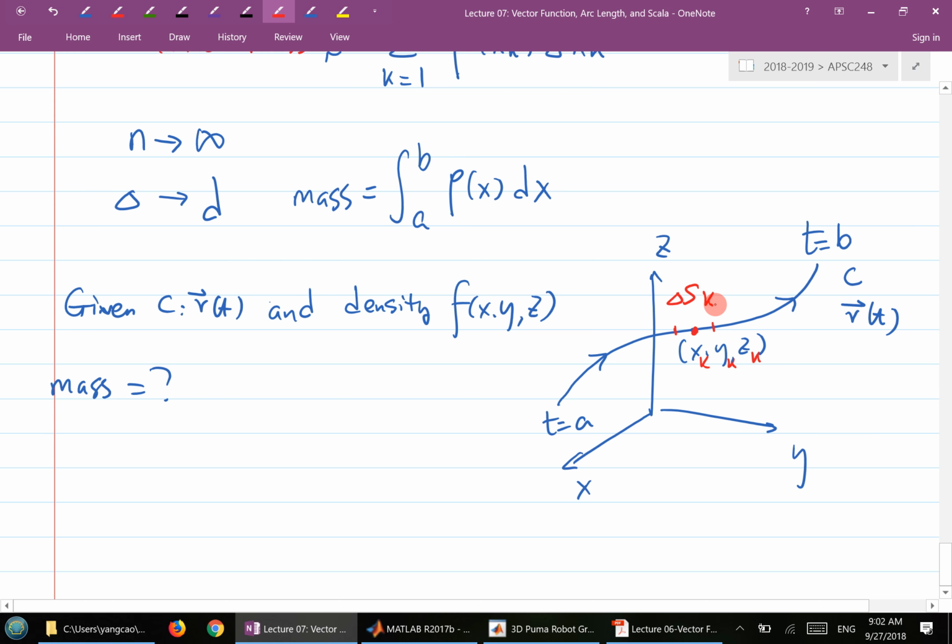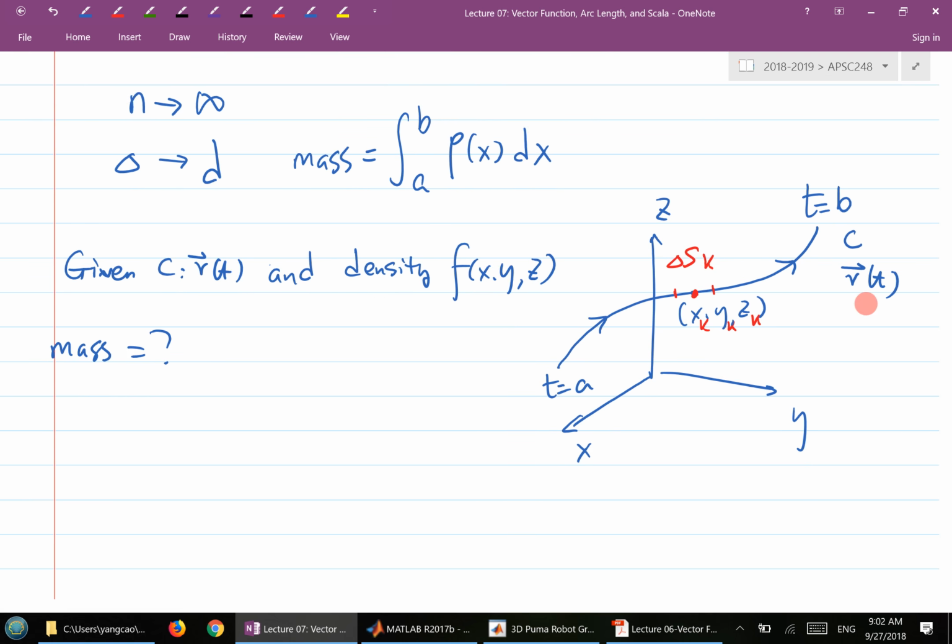Let's start with the calculation of the mass of that small segment.